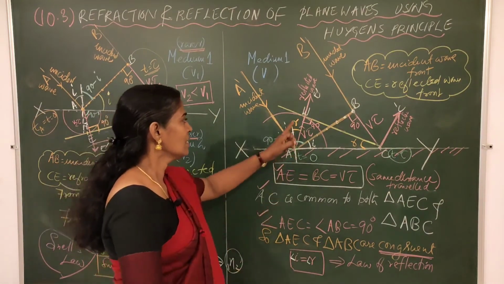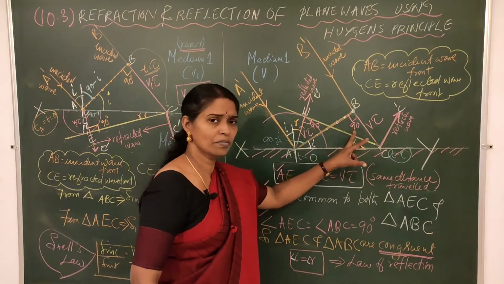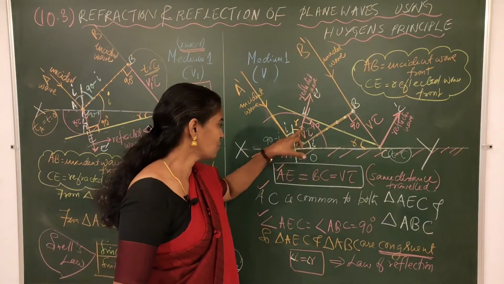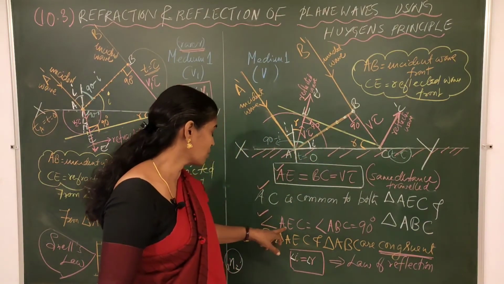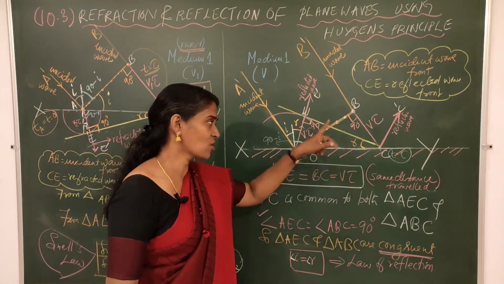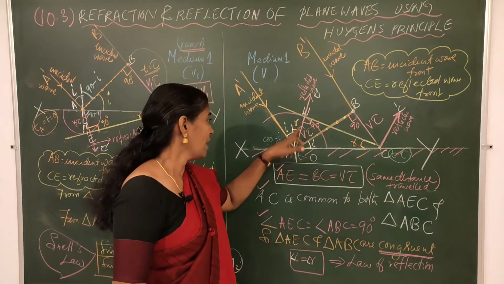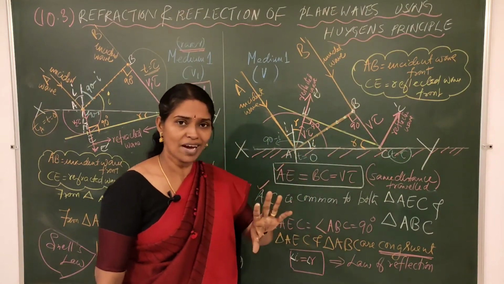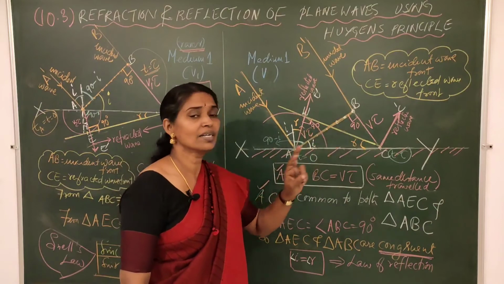Congruent in the sense they have two sides the same. That is, for the triangles AEC and ABC, the side AC is common to both, and AE and BC have the same values. Two angles are 90.